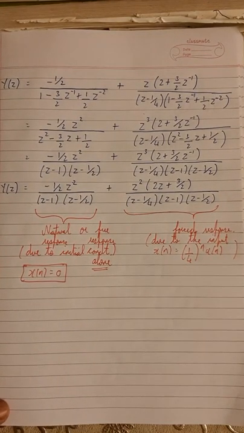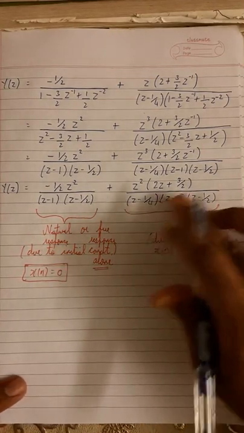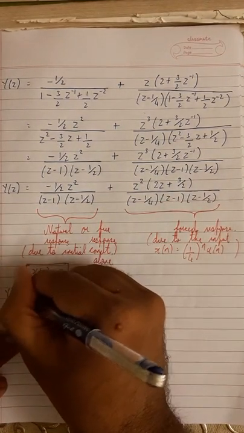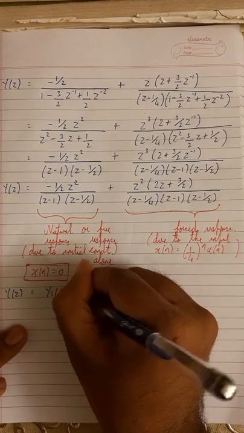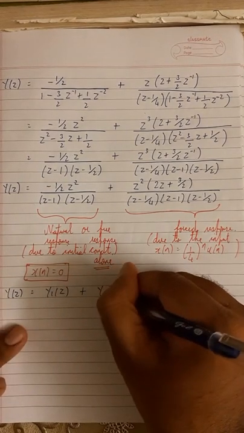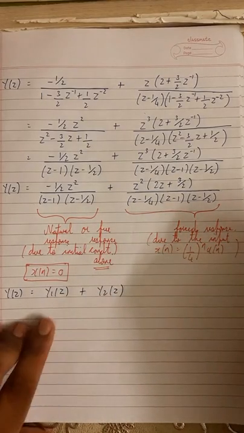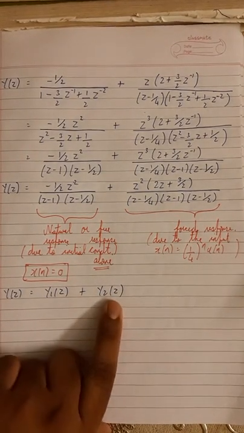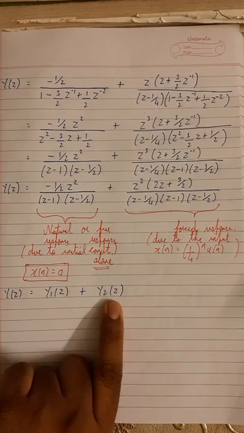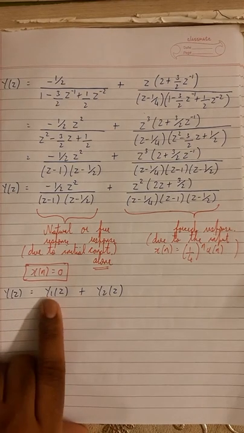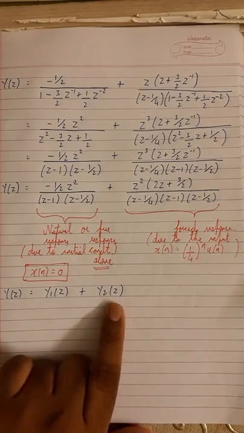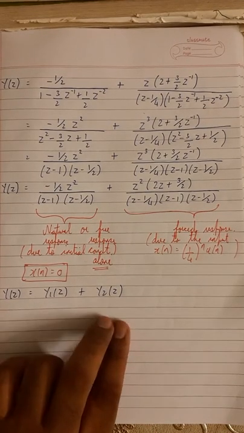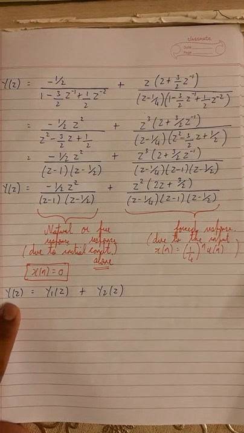So basically we are going to find y of z is equal to y1 of z plus y2 of z. y1 of z is the natural response, y2 of z is the forced response. So I'm going to find y1 of z separately, then y2 of z separately, and then add these two together to find my y of z.